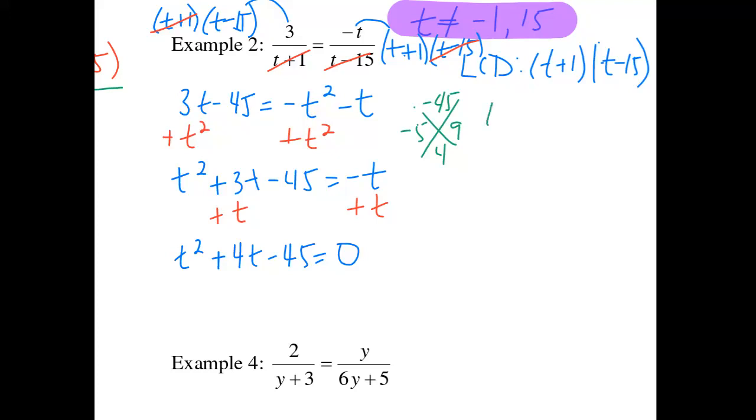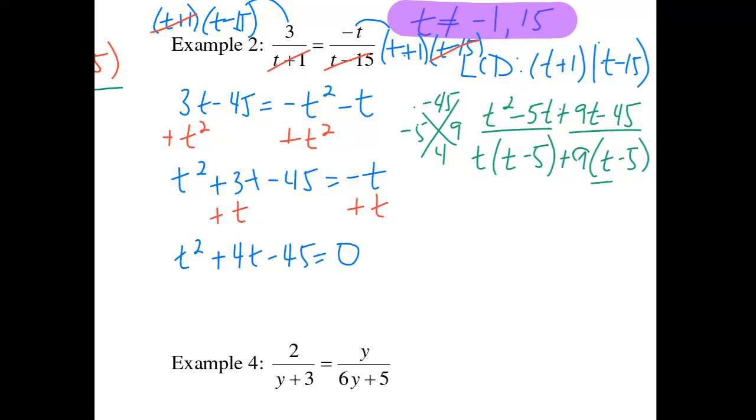So now we go to grouping. T squared minus 5t plus 9t minus 45. First two terms have a t in common, so we'll take that out. Second two terms have a factor of 9 in common, so we'll take that out. And as usual, we get that common factor t minus 5.